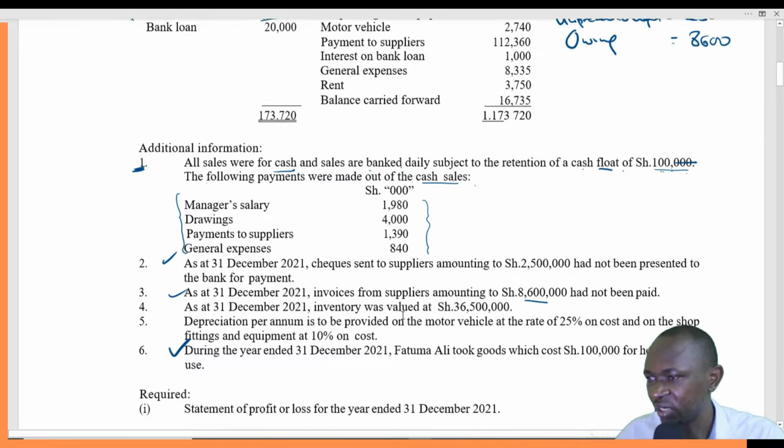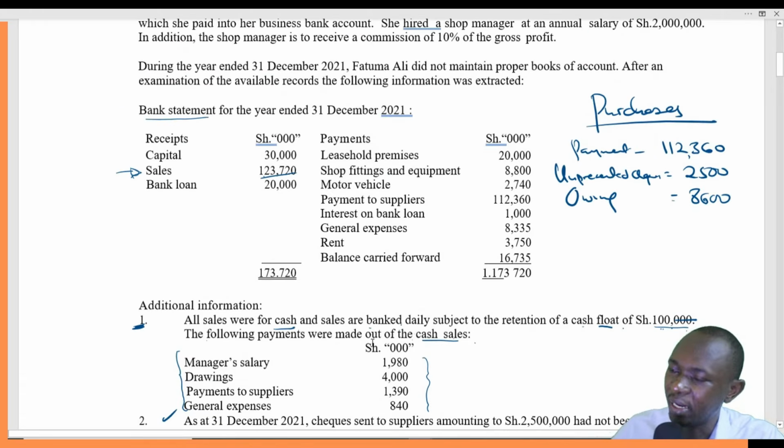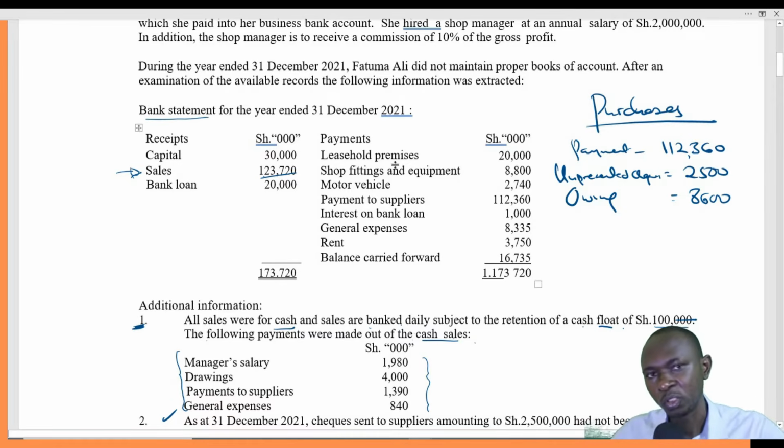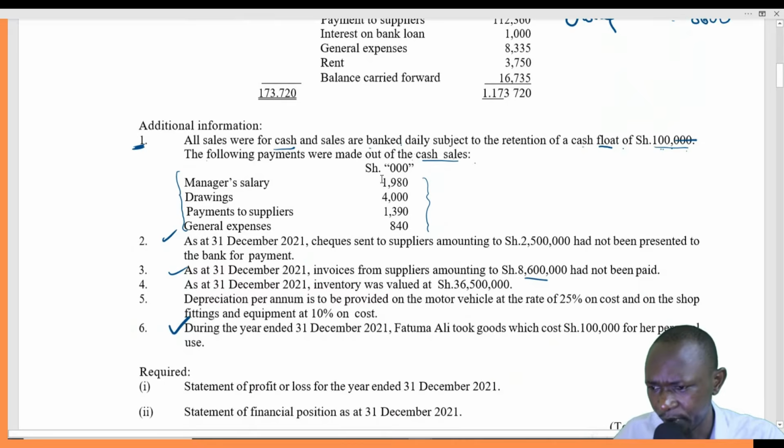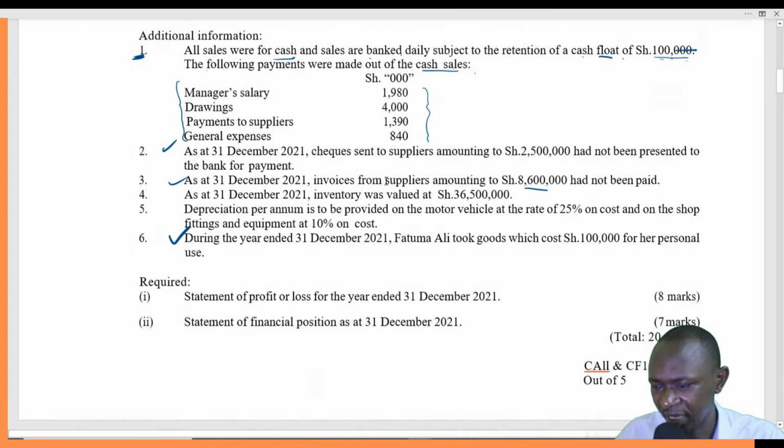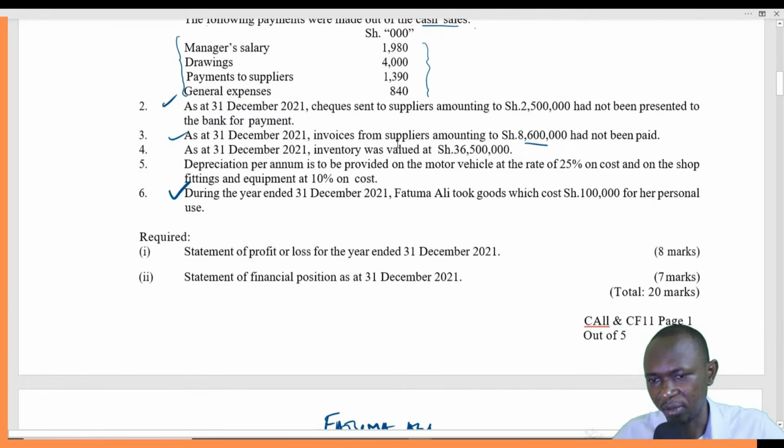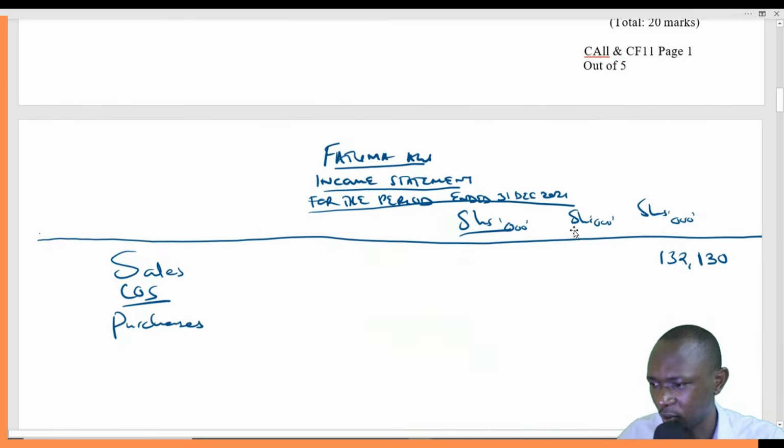For the sake of it, let's put it under the sales, to show that we sold the goods to Fatuma. So we are treating it as sales. We will charge her the drawings account. Okay, so that is our sales.